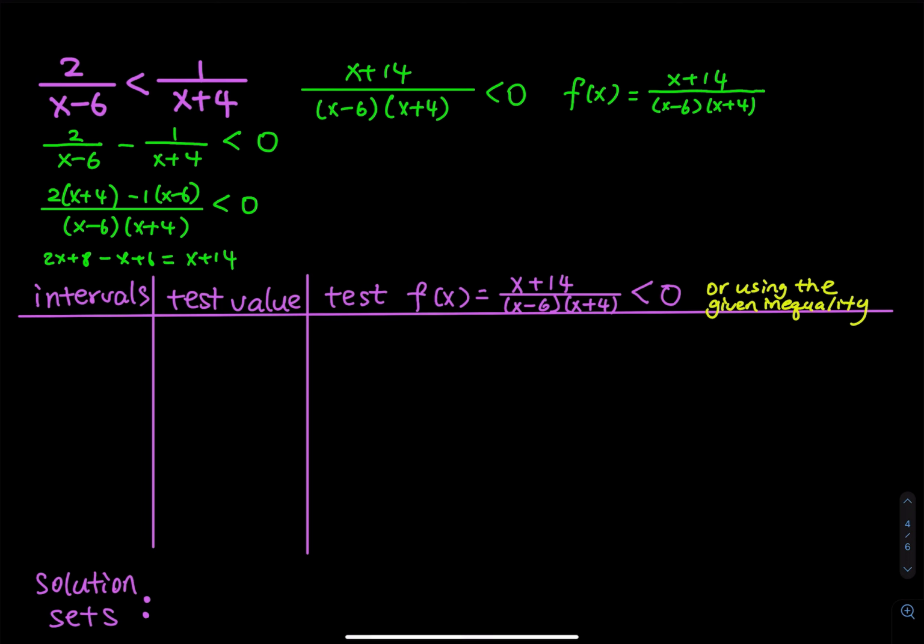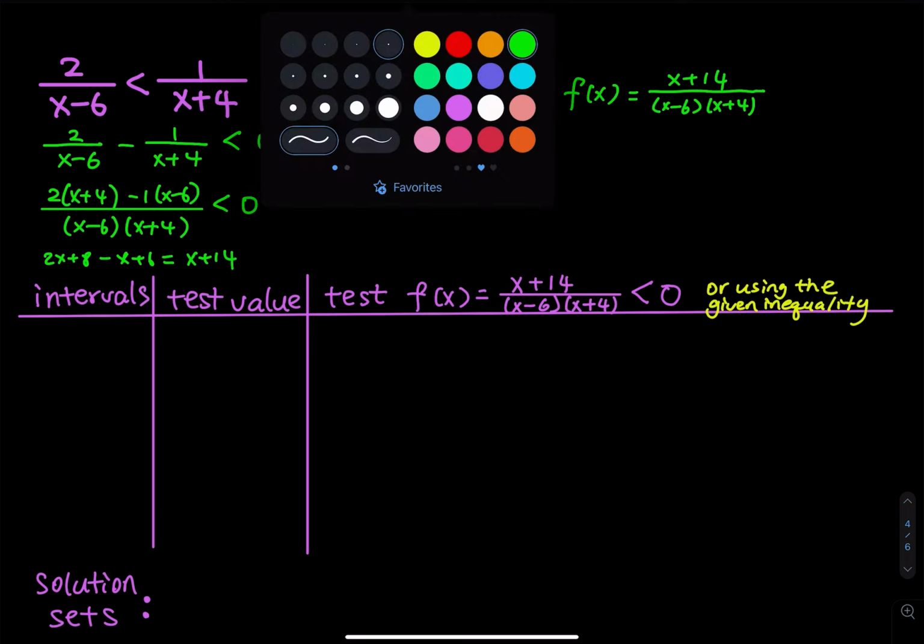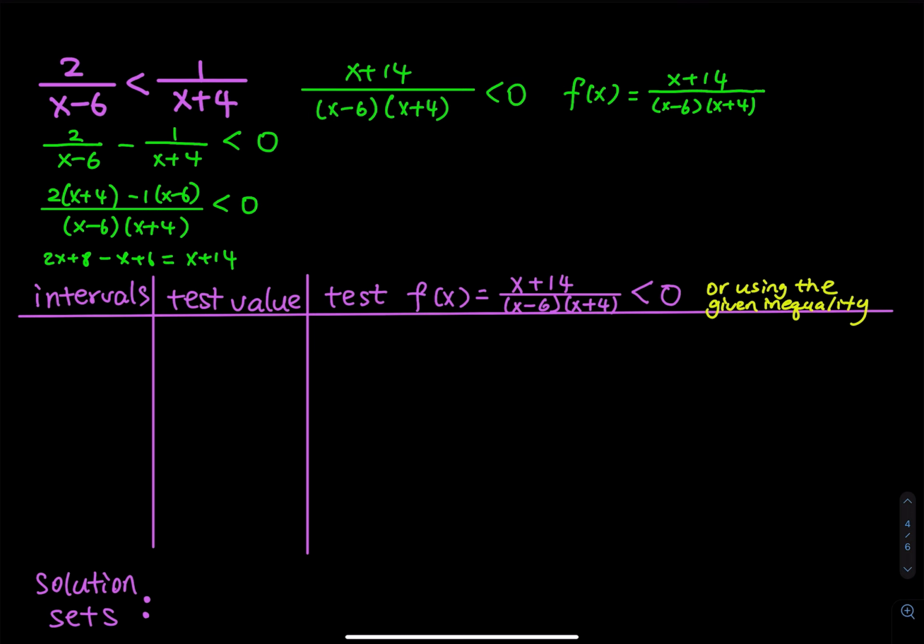Now, finding the key numbers. In nonlinear inequality, I set the entire function equal to 0 and solve for x. For a rational function, you have to take care of the numerator and denominator. You have to take care of the top and bottom, every single factor.